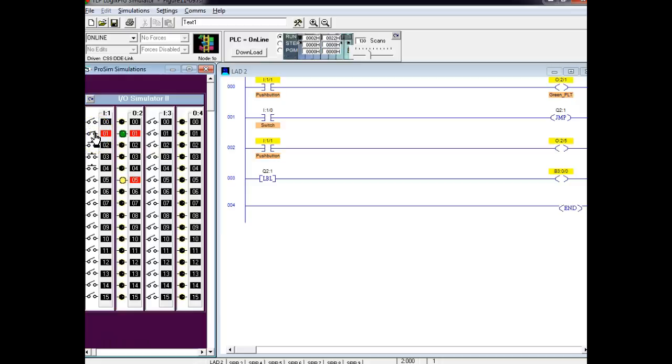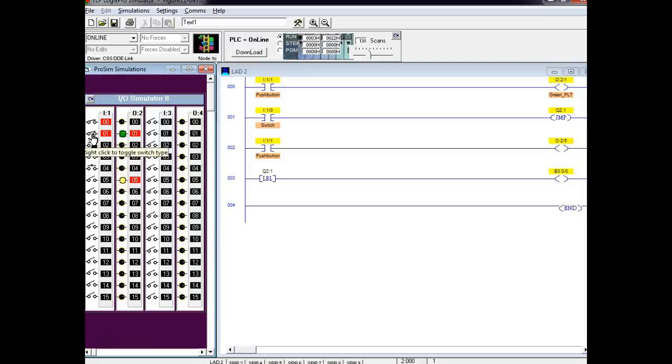And what's it doing now? Now wait, what's it doing now? So notice one is closed and the light is on.